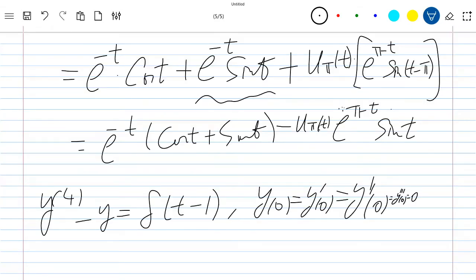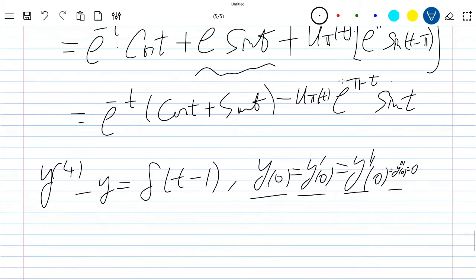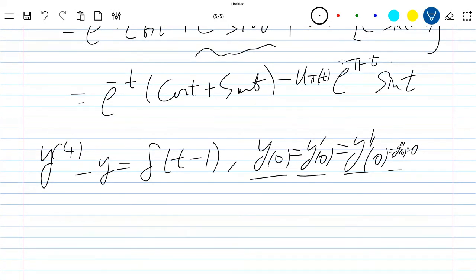Okay, so it's a fourth order equation. So we have to supply the initial conditions for all lower order derivatives. And in this case, we make them all 0, so we don't have a lot of terms.